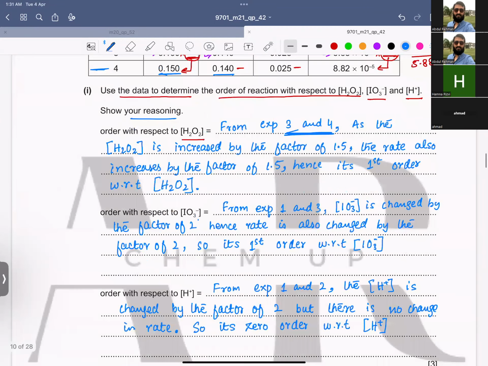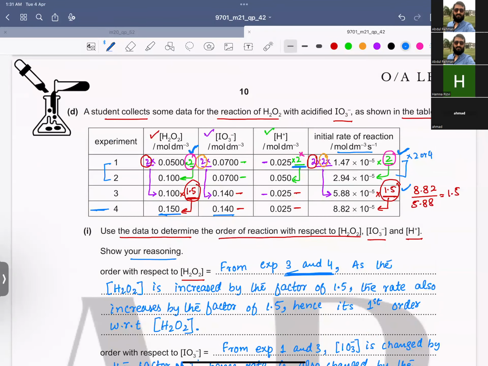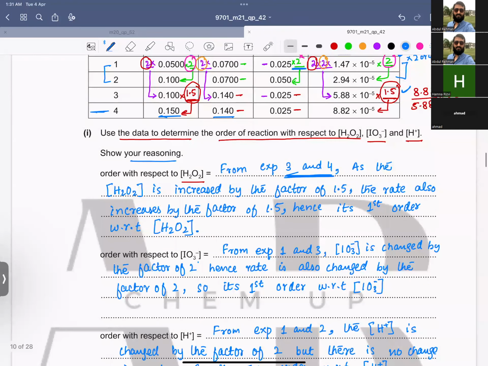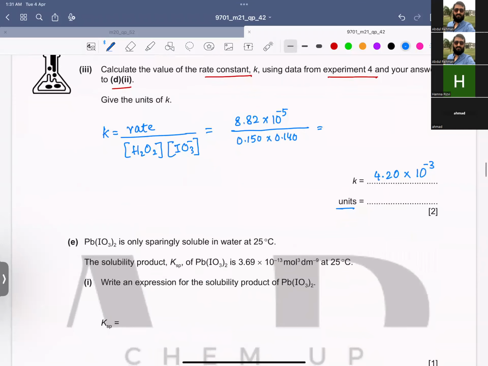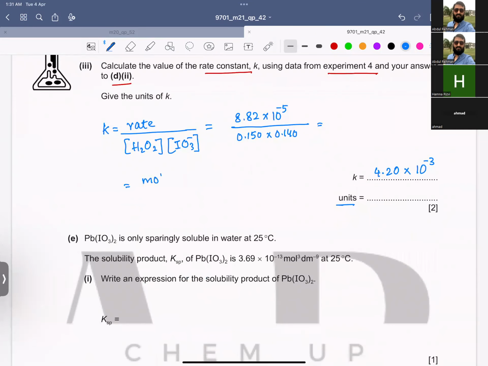So see, the unit of rate is mole per dm cube per second and the concentrations are mole per dm cube. So mole per dm cube per second in the numerator as rate is in the numerator, and in the denominator I have mole per dm cube times mole per dm cube because I'm taking the product of two concentrations. So these two would cancel out and you are left with, when you take the mole from the denominator to the numerator, it becomes inverse.